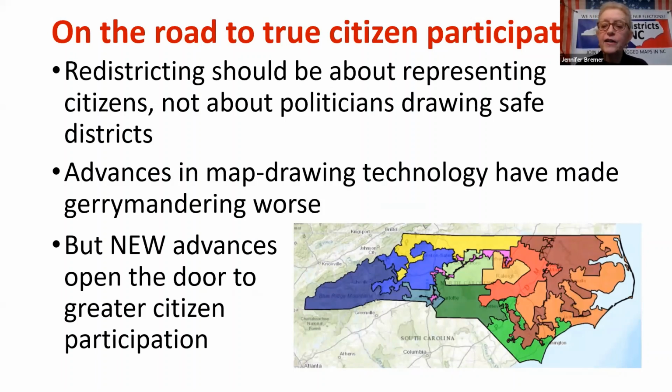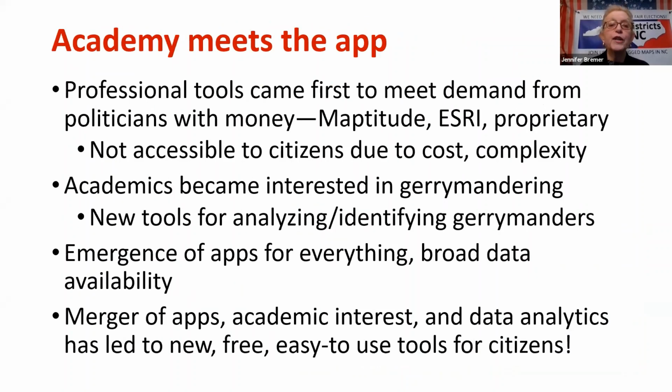If you go back even into the 90s, you can see the old maps being drawn with pen and pencil and markers and God only knows what. But these new advances really do open the door, and we hope that they will encourage citizens to get involved and give them a way to do that.